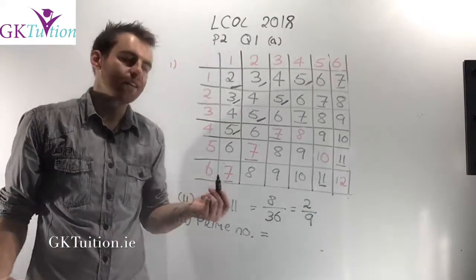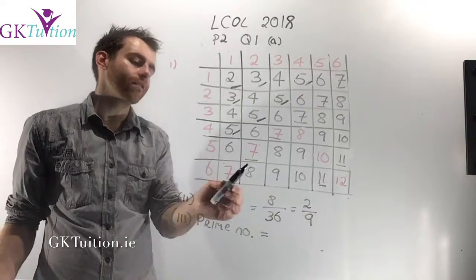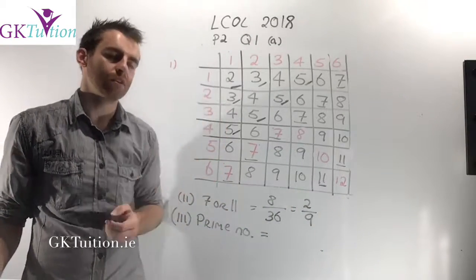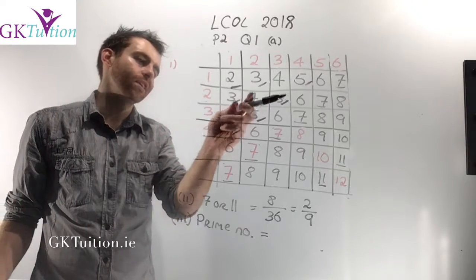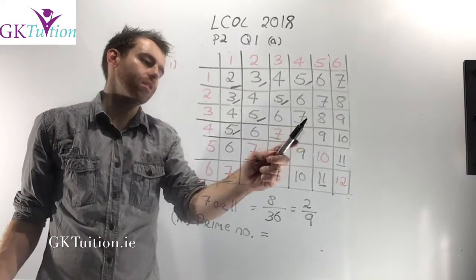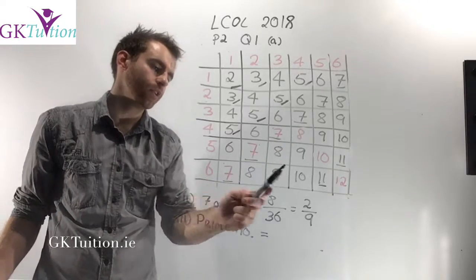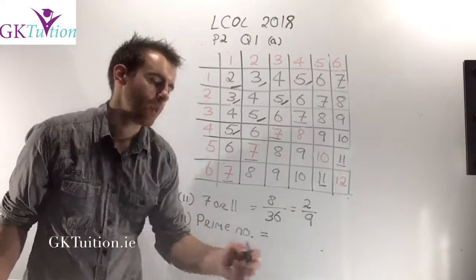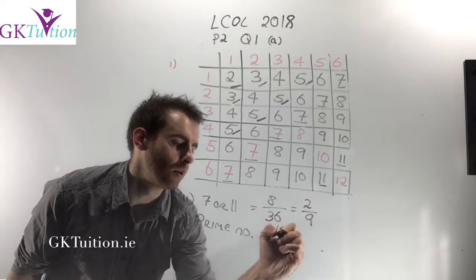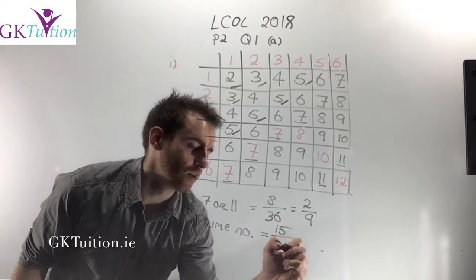So let's just add them all up now. I want to include the 11s, the 7s, the 5s, the 3s and the 2s. So I've got 1, 2, 3, 4, 5, 6, 7, 8, 9, 10, 11, 12, 13, 14, 15 prime numbers in my sample space. So the probability of getting a prime number works out as 15 over 36.